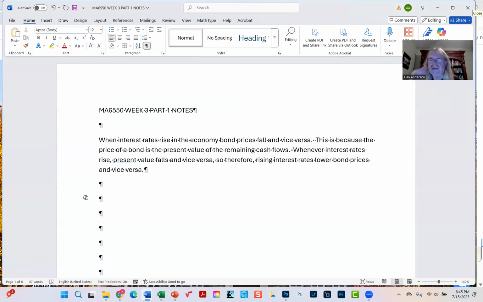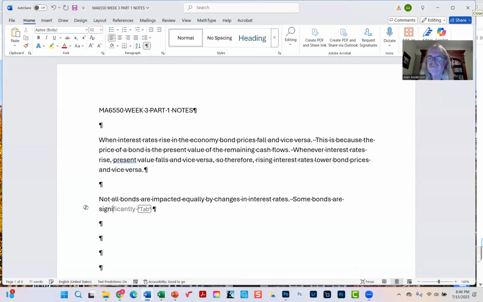Now, what's interesting about bonds is that although increasing rates will lower the price and vice versa, not all bonds are impacted equally by changes in interest rates. In other words, some bonds are significantly affected by interest rate changes, and others not so much.